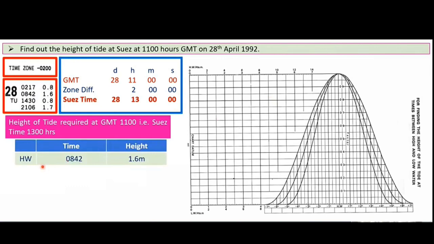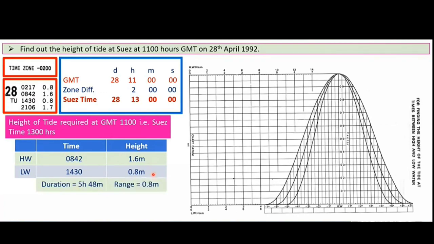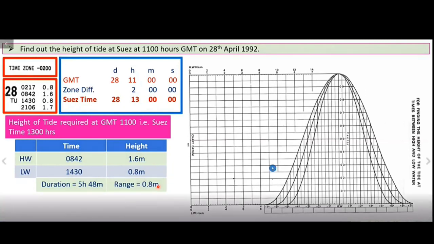We have high water at 0842 when the height is 1.6 meters. We have low water at 1430 when the height is 0.8 meters. From here, we can work out the duration of tide, which comes to 5 hours 48 minutes. And from here, we can work out the range of tide, which is 0.8 meters.